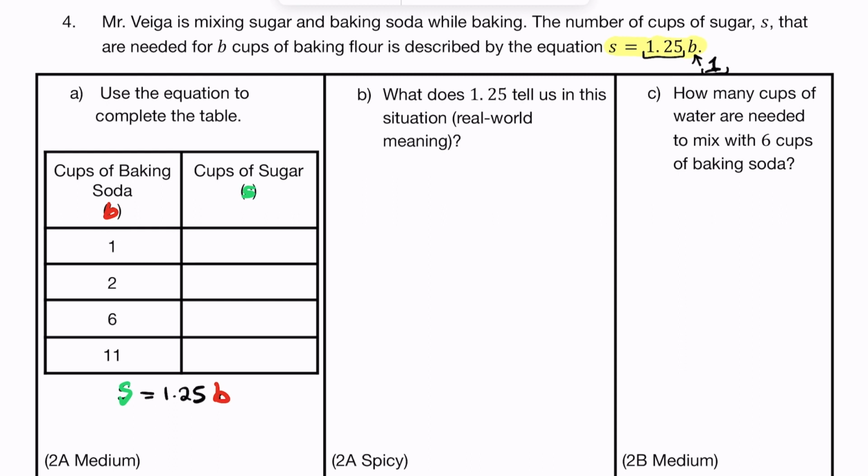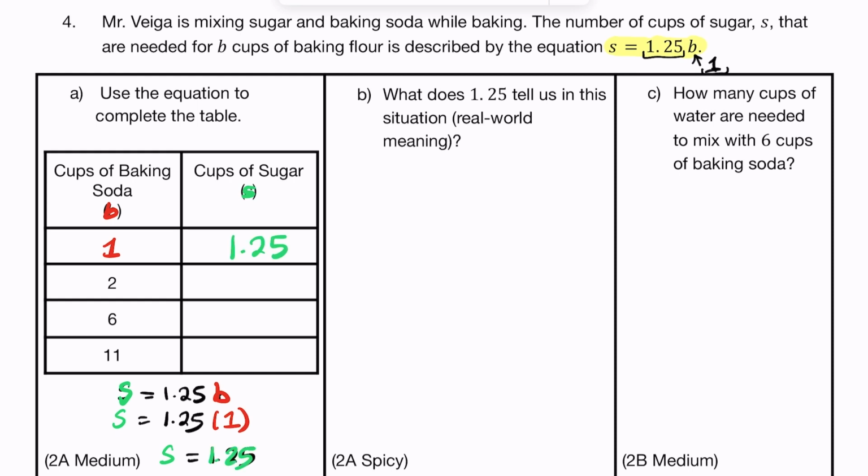And I substitute in 1 for B. So I'll get that S is going to be equal to 1.25 times 1. Okay, and then what's 1.25 times 1? That's just 1.25. Okay, and that is my constant of proportionality.